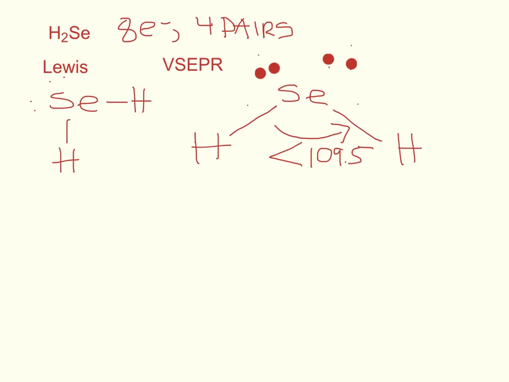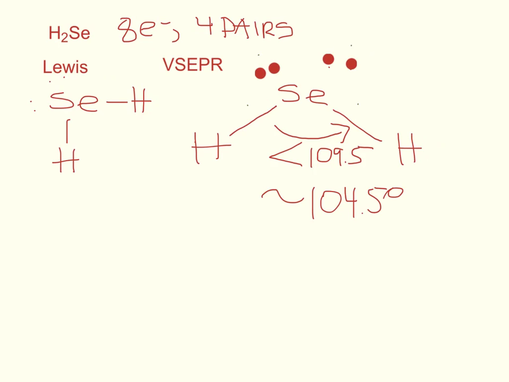I want to assume that it's similar to the angle of water, right? Because water would pretty much be the same with the oxygen atom at the center and 2 lone pairs and then 2 bonded hydrogens. So since it's similar to a water molecule, I want to assume that this bond angle is about 104.5 degrees.